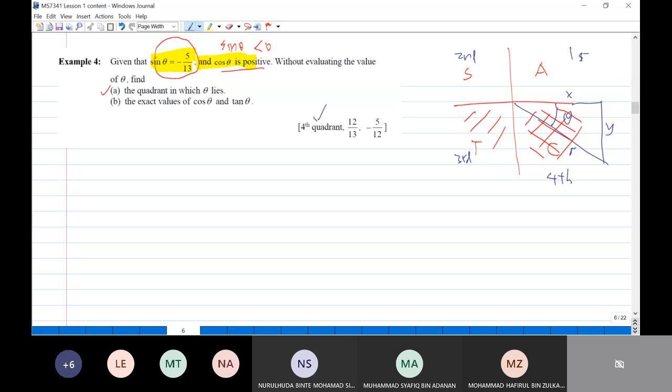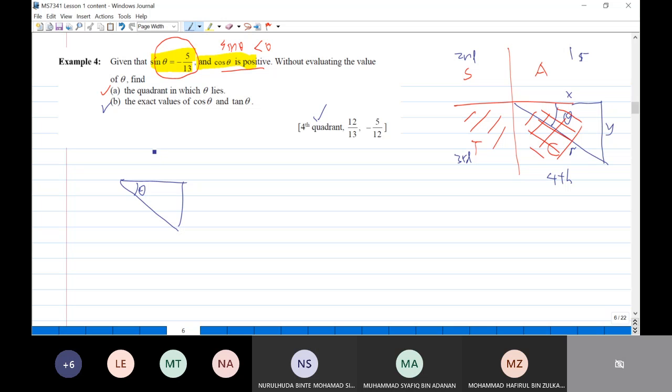Now I want to find out the value of cosine theta. If you draw the picture of the triangle, it looks something like this. Because y is below the x-axis, y is equal to minus y.